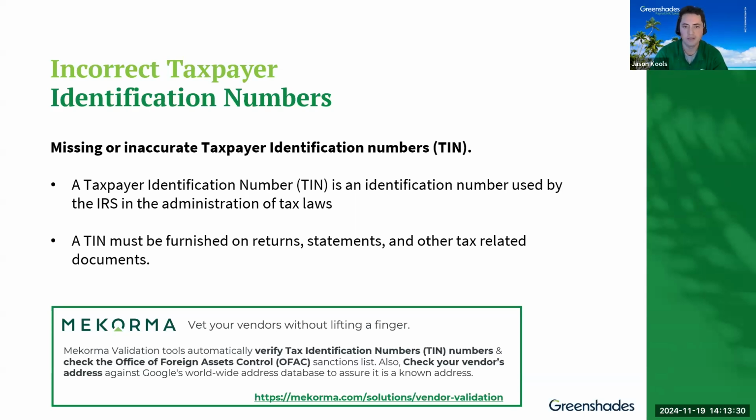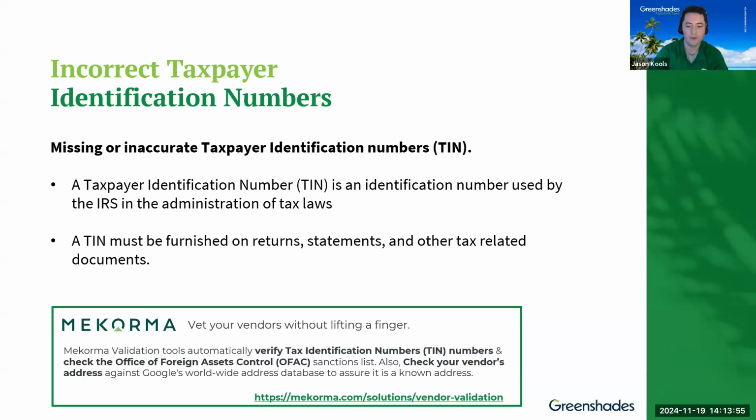It can cause rejections. So making sure that those numbers are accurate before filing will be essential to stay compliant when submitting your returns. With filing through a solution like GreenShades, we do provide a tool for the ability to verify and validate those TIN numbers.